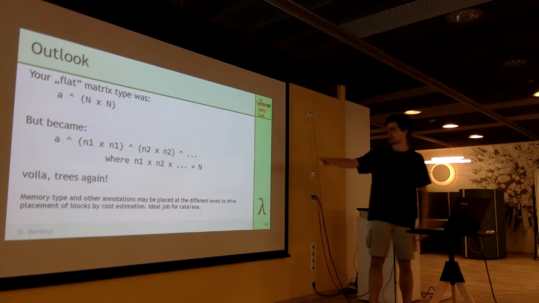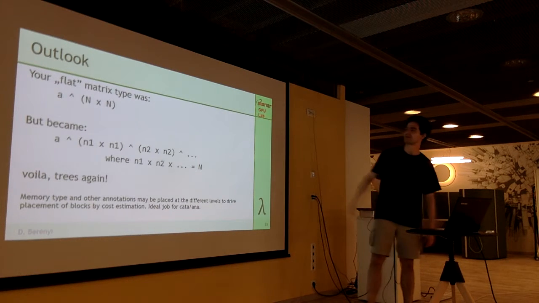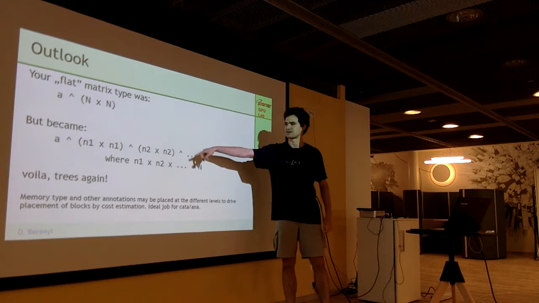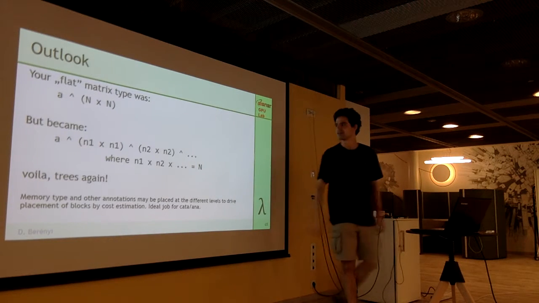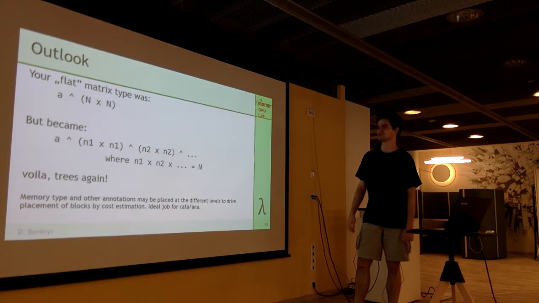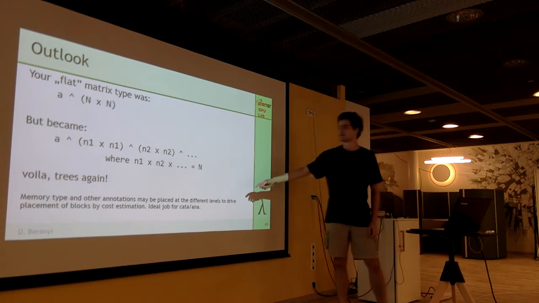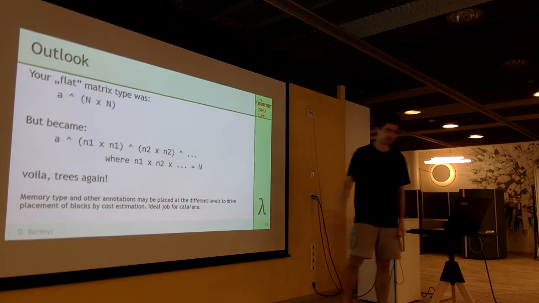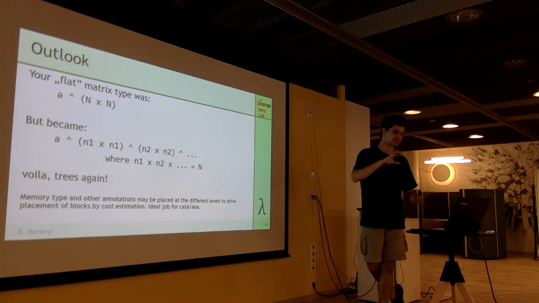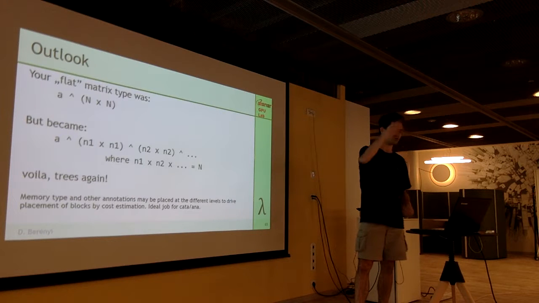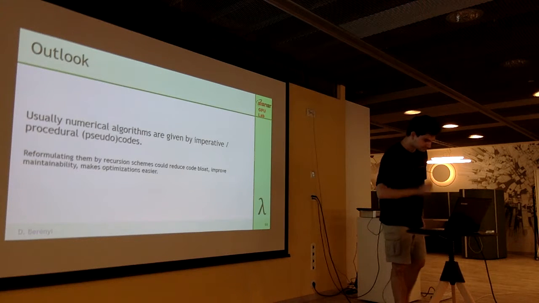And memory type and other annotations may be placed in this tree that is now expressing just the hierarchy structure that you would like to use for your data type. And then you can use traversals to drive the placement of where one block should go into the different memories, and you can decide it by cost estimation, just the same things that were shown before.